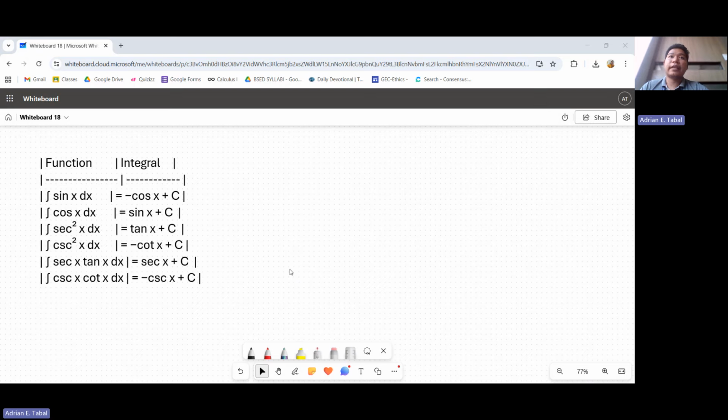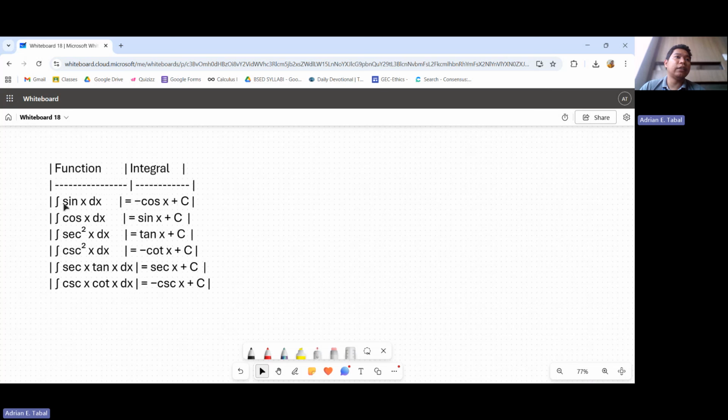If you look at your screen, these are the integrals of the trigonometric functions. The integral of sine x is negative cosine x plus c. The integral of cos x is sine x plus c. The integral of secant squared x is tan x plus c.